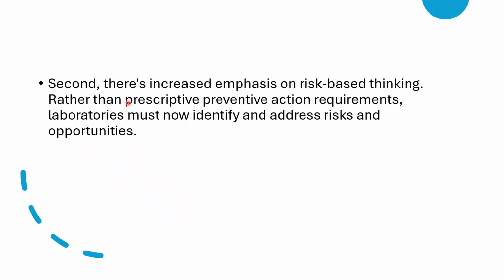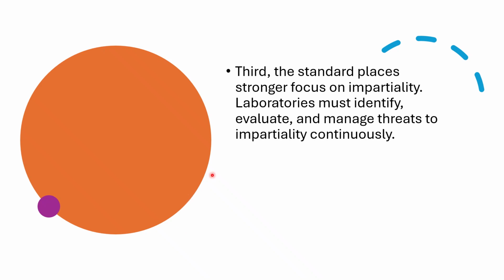The second change is an increased emphasis on risk-based thinking rather than prescriptive preventive action requirements. Laboratories must now identify and address risks and opportunities. The third change is that the standard places a stronger focus on impartiality. Laboratories must identify, evaluate and manage threats to impartiality continuously.